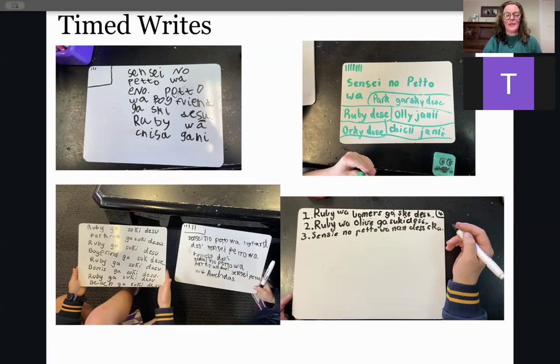The time limit's there so that they're not overthinking it, worrying about where the knot goes and where the cut goes, but really listening to that voice in their head. There's so much oral input that has set the foundations that they are hopefully just listening to that Japanese voice in their head rather than thinking, I want to say Ruby is a dog.